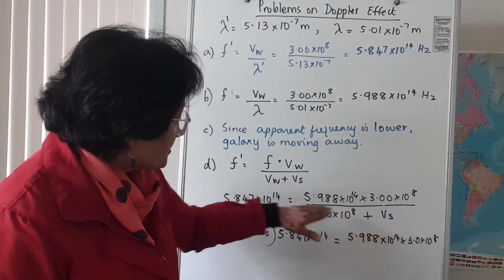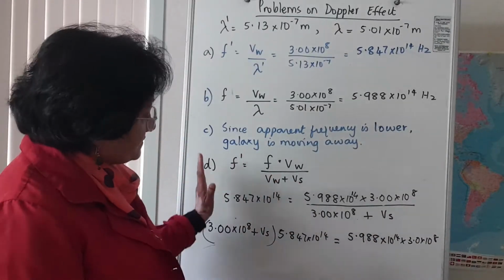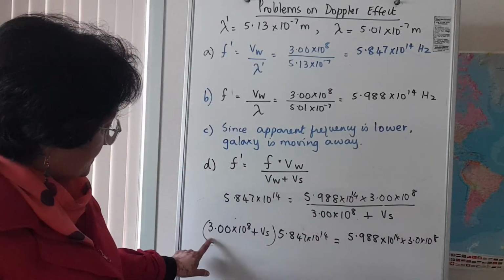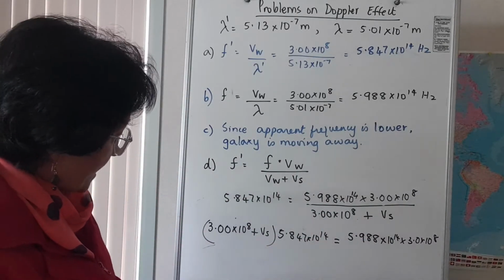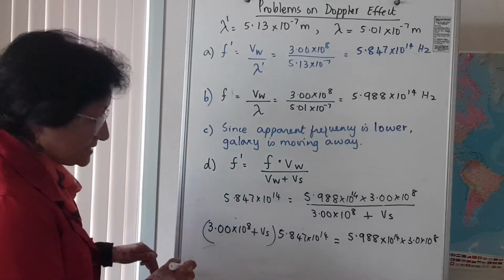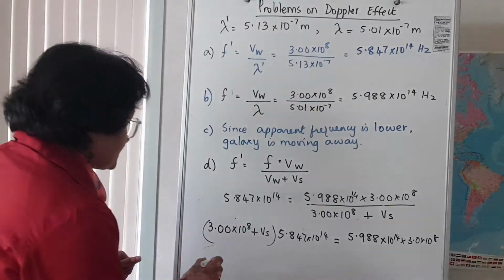Okay, so what we do is cross multiply, in other words, multiply both sides by what's in the denominator. So you get 3 times 10 to the power of 8 plus vs times that equals that. So the next step, you can see what's at the bottom.